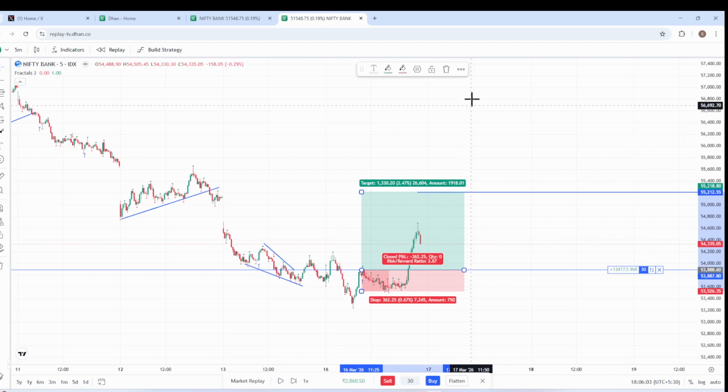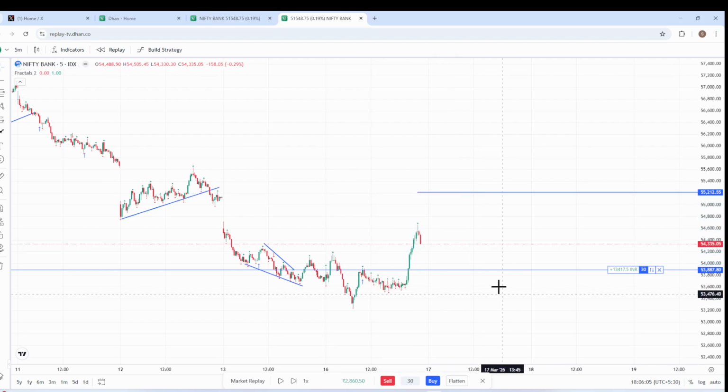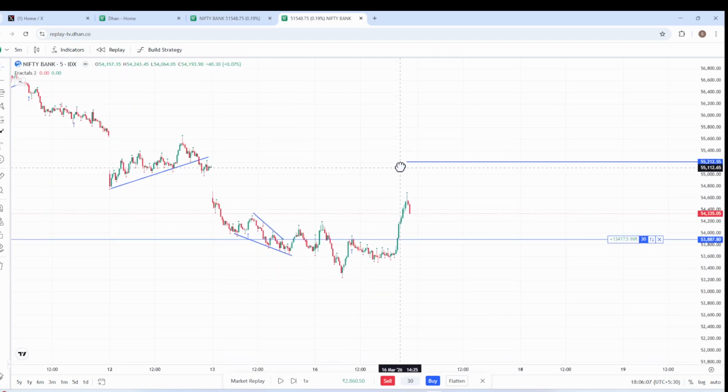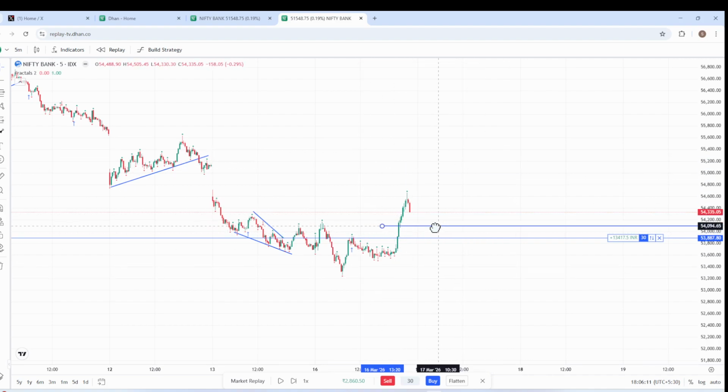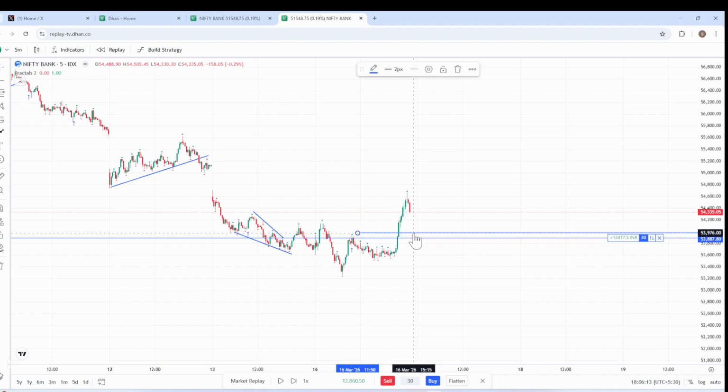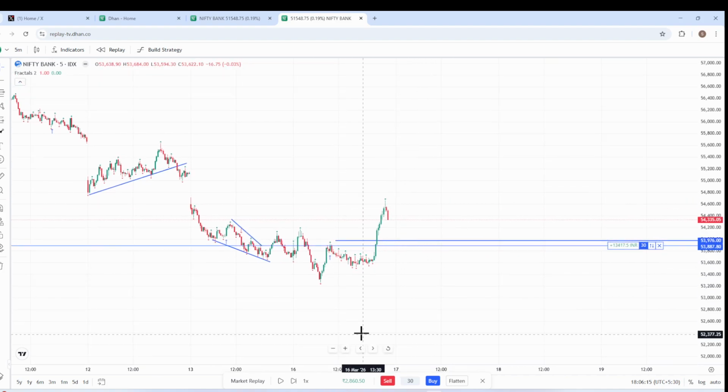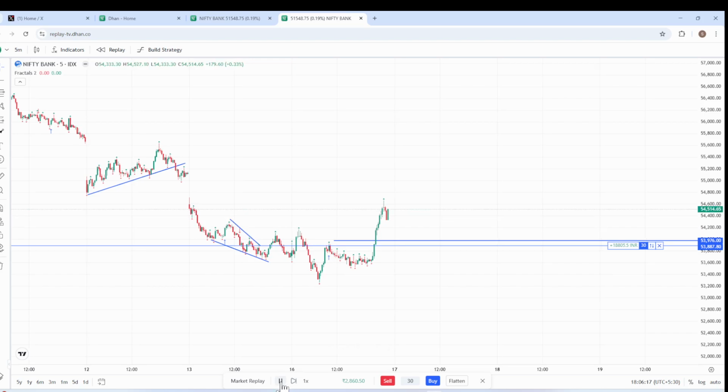Okay, now I'm pausing it. Now my stop comes to the cost somewhere here, and we need one lower fractal now.